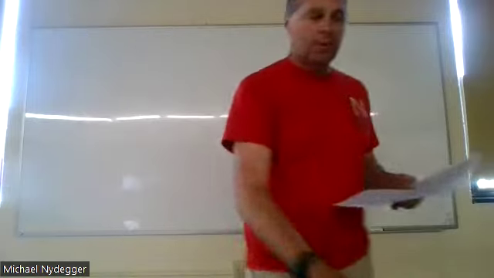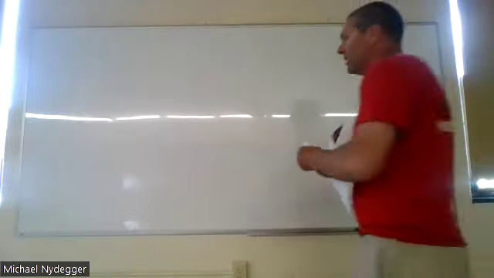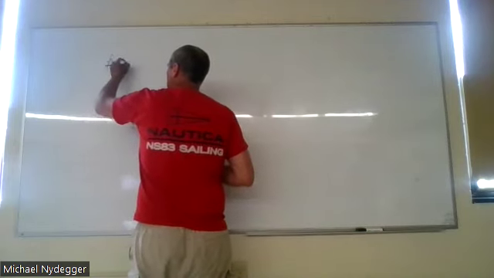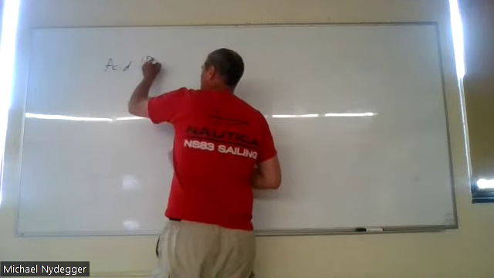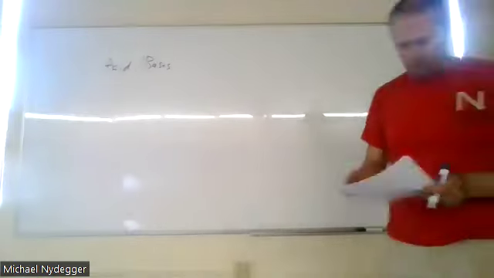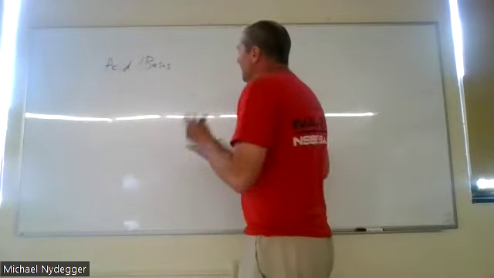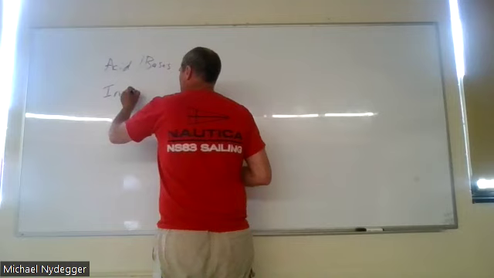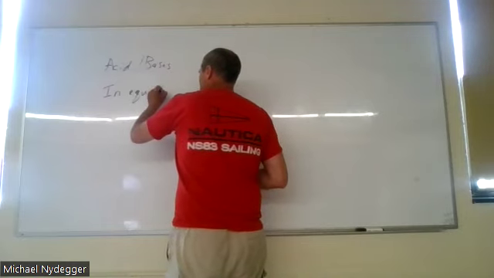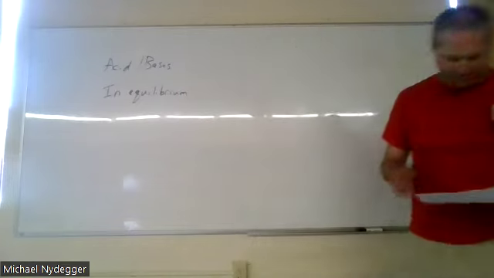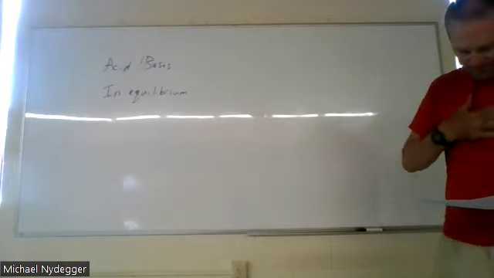So we're going to talk a little bit about acids and bases, just the abbreviated version of this, okay? Now, when we talk about acids and bases, we get some acids and bases in equilibrium, okay?